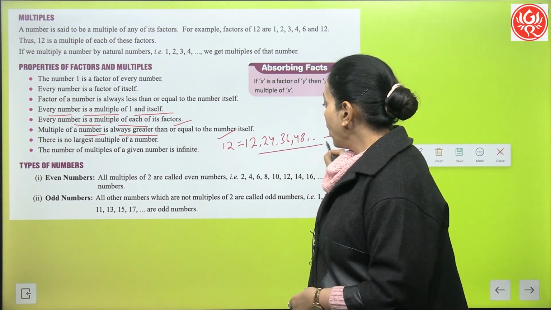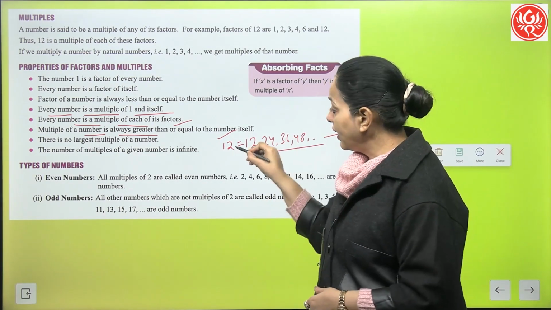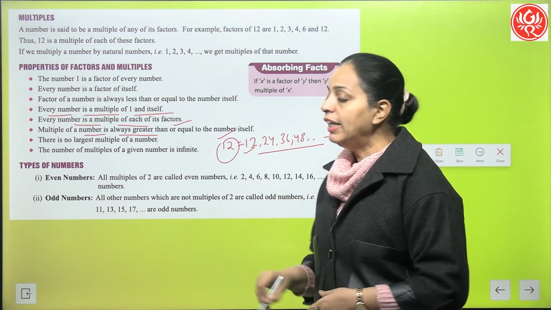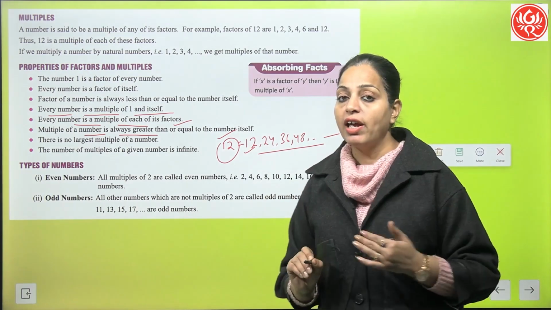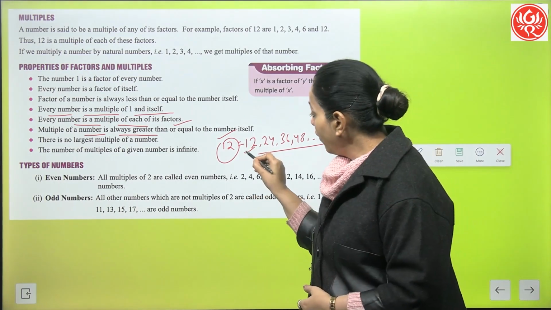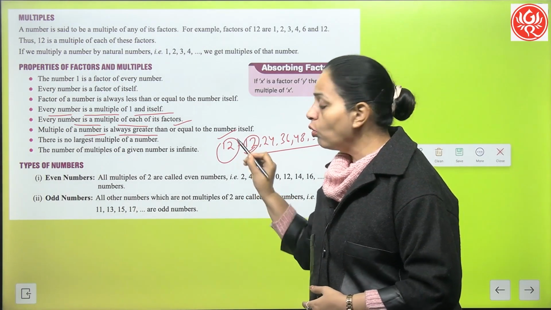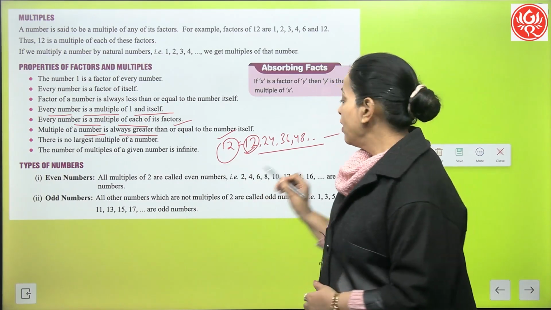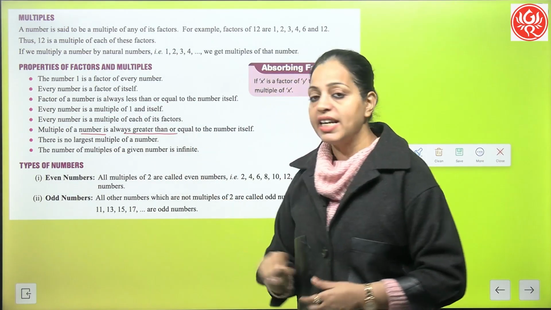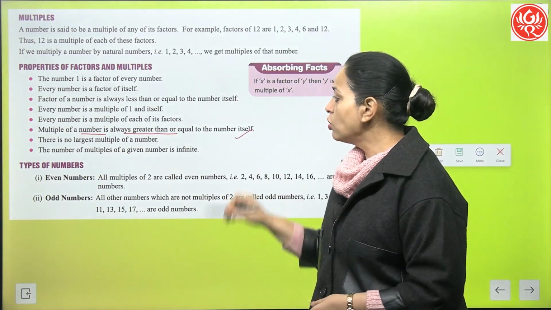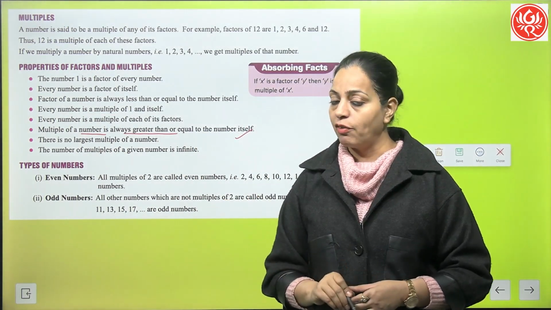So all multiples are greater than 12 or equal to 12. ये जितने भी हैं ये सब 12 से greater हैं और ये वाला जो फर्स्ट मल्टीपल है वो 12 के इक्वल है. That's why a multiple of a number is always greater than or equal to the number itself, right?